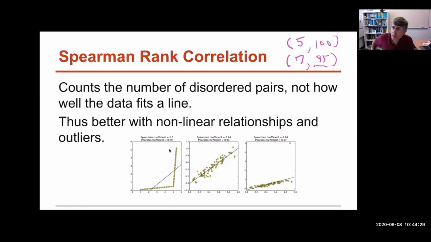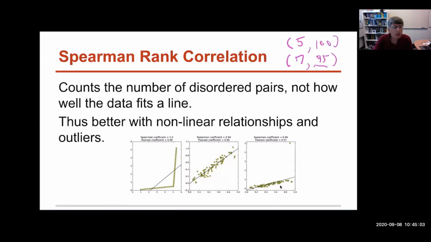In this case, there is no good line that passes through this data. And yet X, properly interpreted, completely predicts Y. So the Spearman correlation is 1. The Pearson correlation is positive, but 0.7. Okay, any questions?